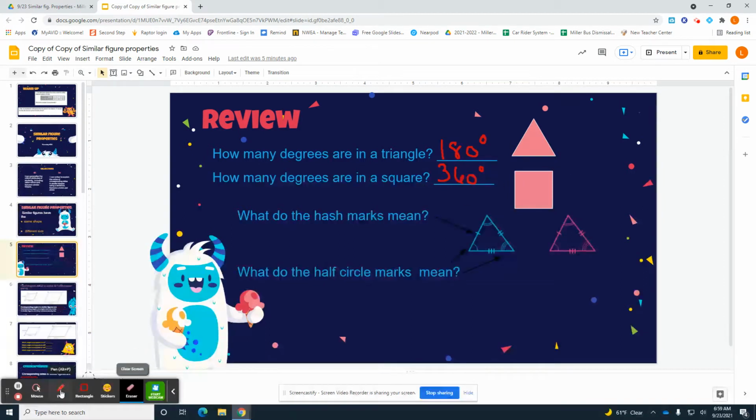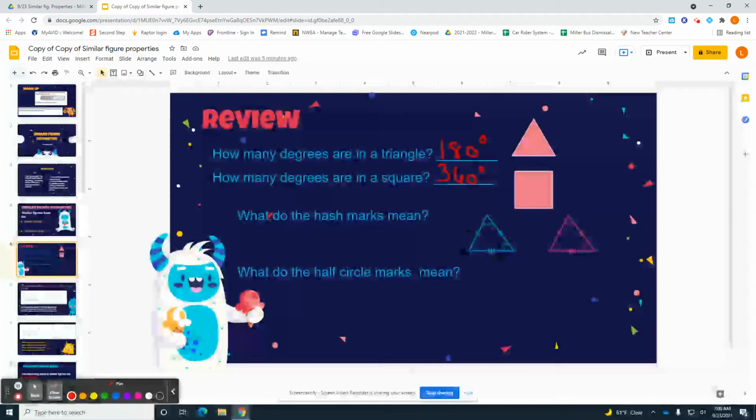Now it says, what do the hash marks mean? These are the little hash marks. Does anybody know what they mean? If you said that those mean that those lines are equivalent, you are correct. It means that those are the corresponding sides, and those sides are equivalent.